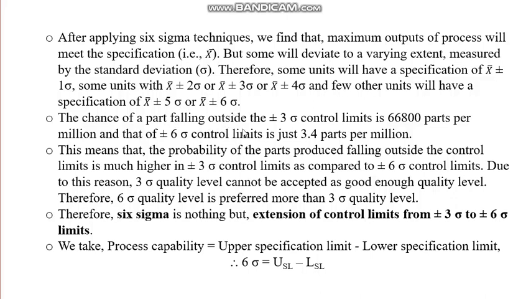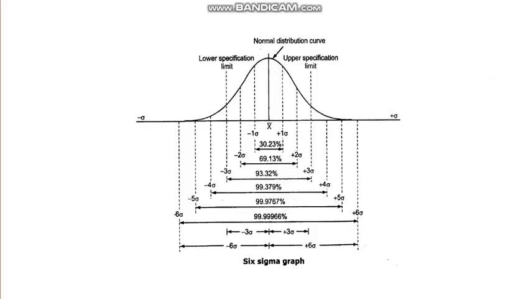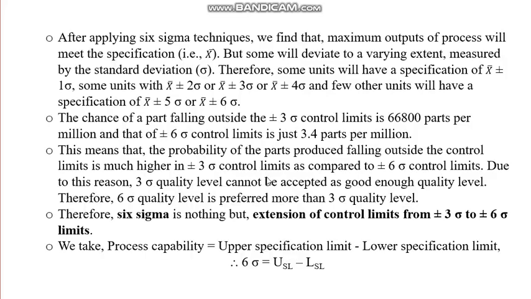The chance of a part falling outside 3 sigma control limits is 66,800 parts per million. Here, for 3 sigma, it is 93.32%, so almost 6.68% are not satisfying.